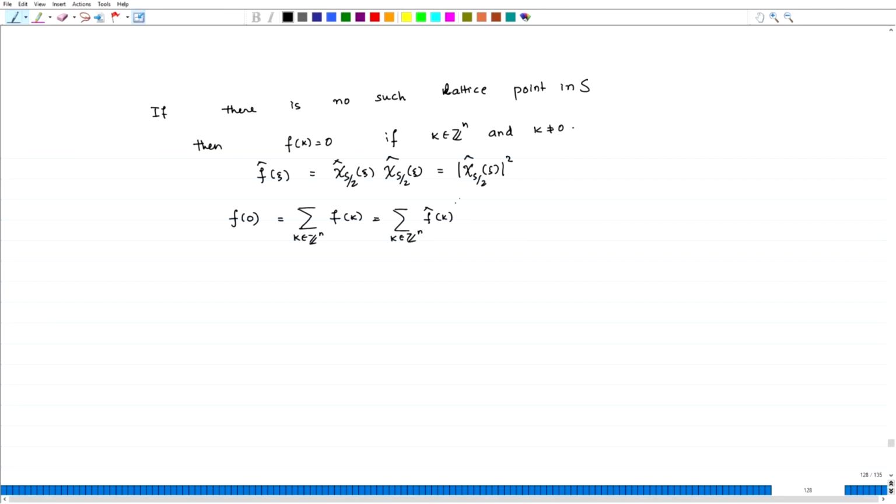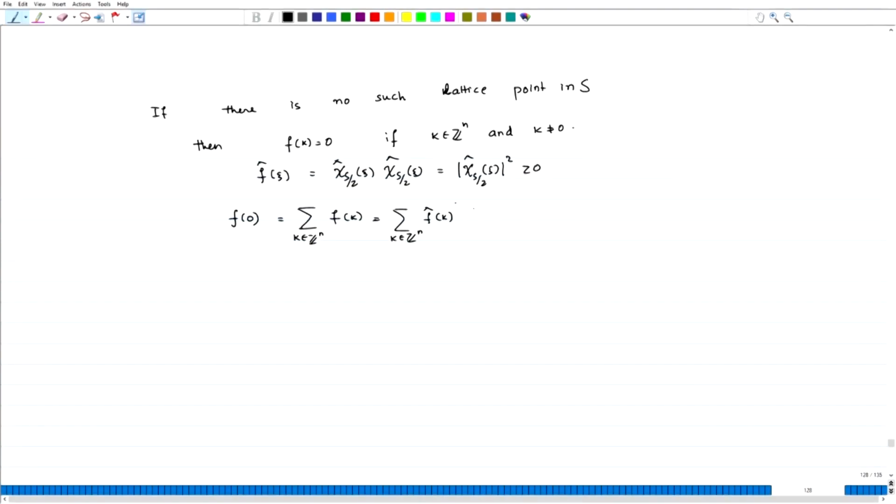Now, as you can see, f hat by this observation is always a non-negative quantity, because f is chi of S by 2 convolved with chi of S by 2 tilde, because of the symmetric property of S. Therefore, this is a non-negative quantity. So, this is greater than or equal to f hat of 0. Now, what is f hat of 0?